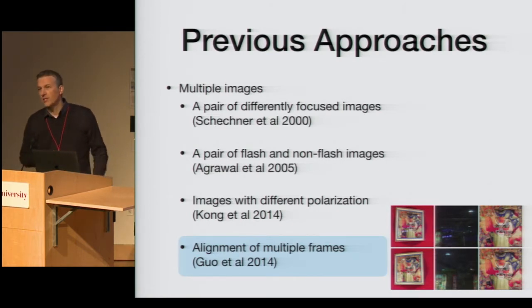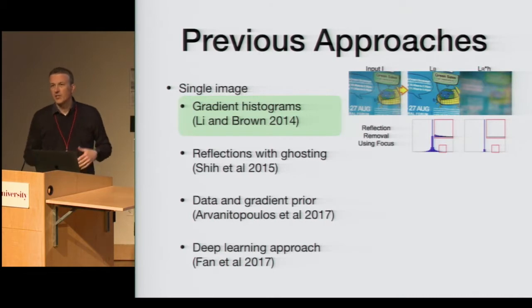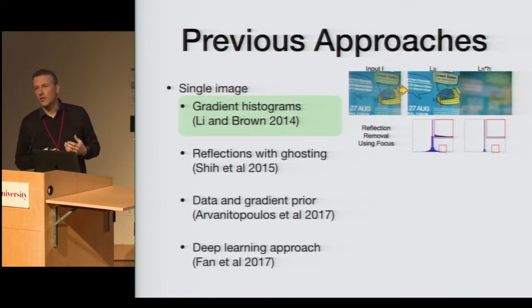Now, all of these works exploit multiple images, while instead we focus on single image reflection separation. So we don't compare to these methods, but we would rather compare to this other group of methods where a single image is used. Now, to use a single image, then you need to really focus on priors that allow you to distinguish these 2 layers. So, for example, in the work of Lee and Brown, they formulated good priors for the gradients of the reflected layer and the gradients of the background image, and then they use that as a cue to separate them.